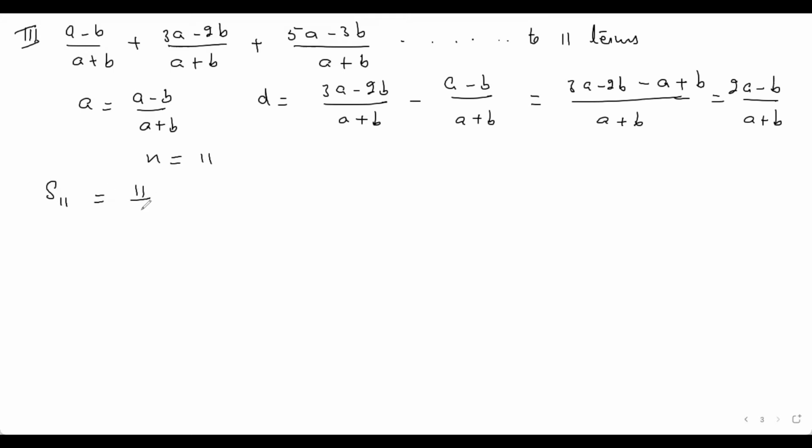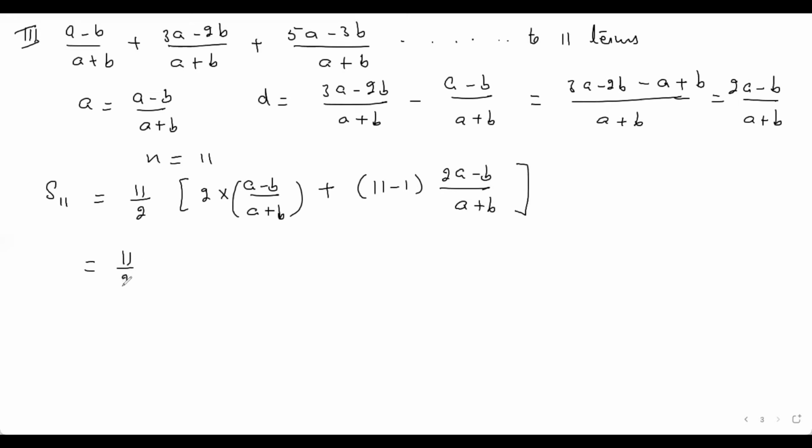So that is equal to 11 by 2, 2a, where a is equal to (a minus b) upon (a plus b), plus n minus 1, that is 11 minus 1, times d, where d is equal to (2a minus b) upon (a plus b).